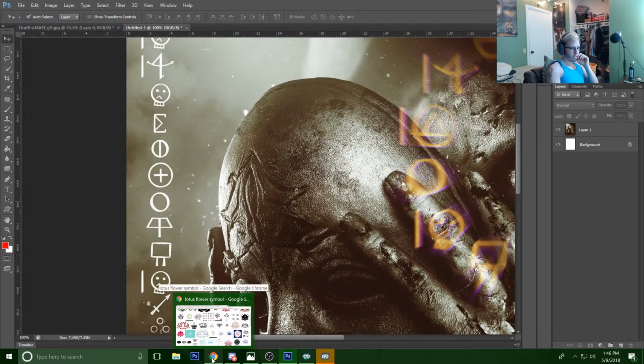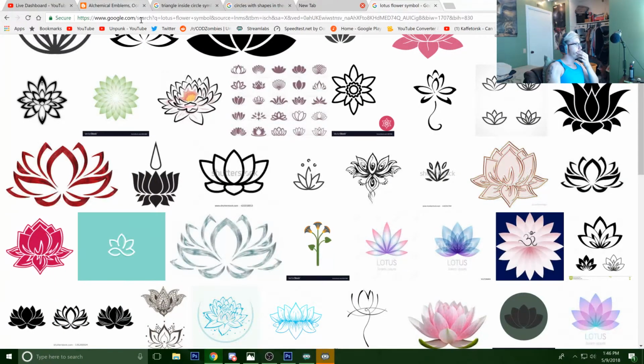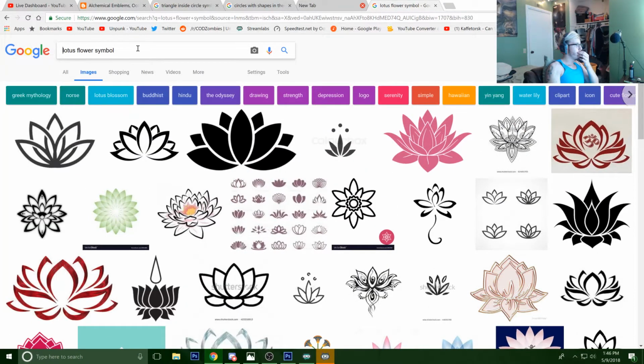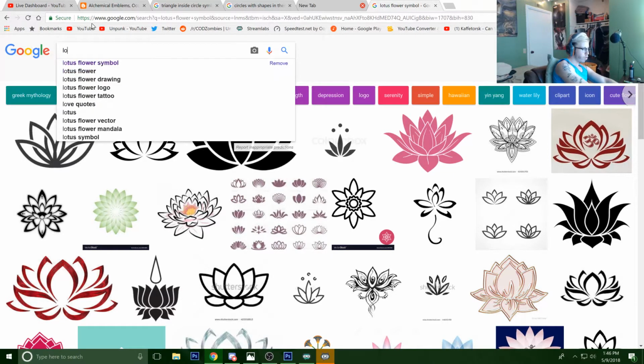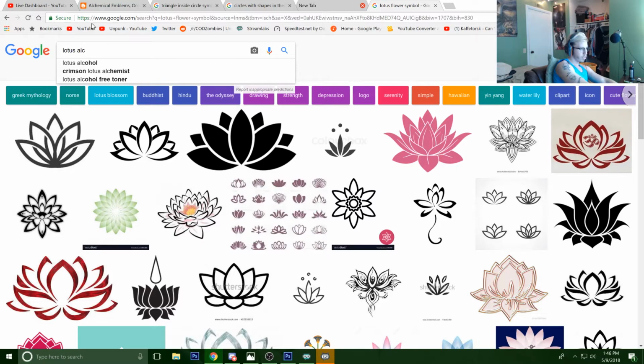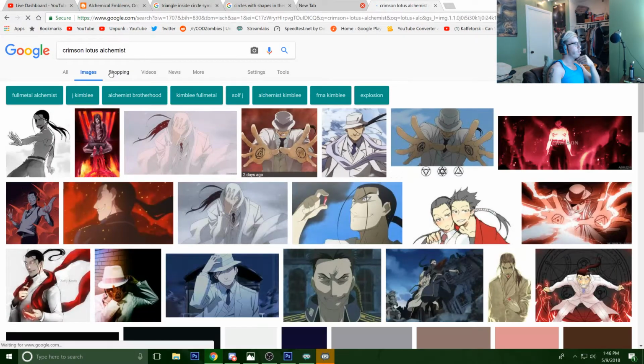You know what's cool? Lotus alchemy. That's a good idea to Google. Yeah, that's what I'm trying to cross-reference at the moment. Look at that shape in the middle of what you're saying is a lotus, the bit that's engraved in the middle. That looks a bit like the God. Crimson Lotus Alchemist.